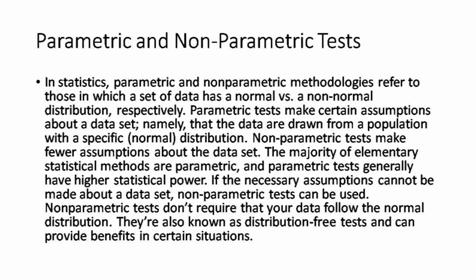Parametric tests make certain assumptions about a data set, namely that the data is drawn from a population with a specific normal distribution most of the time, whereas non-parametric tests make fewer assumptions about the data set.